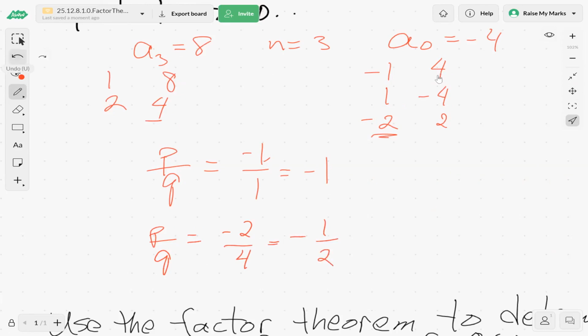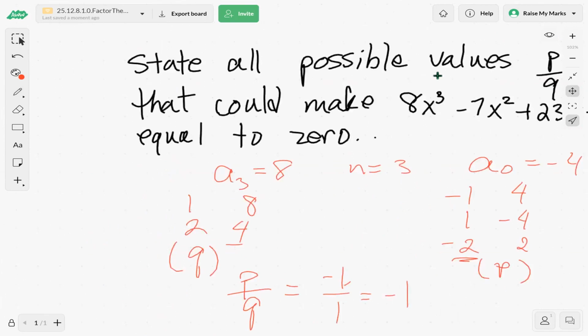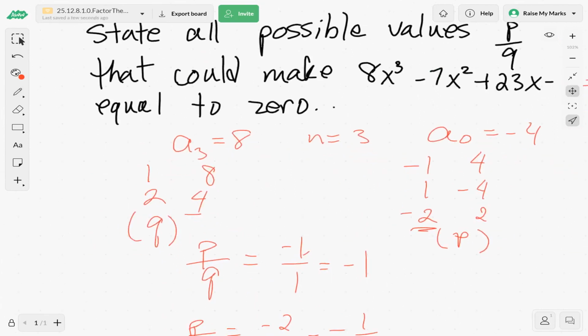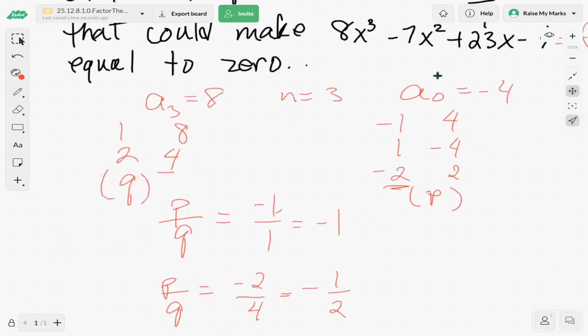In this way, we could take all possible ratios of p values and q values to give us possible values p over q that can make our function f of x equal to 0.